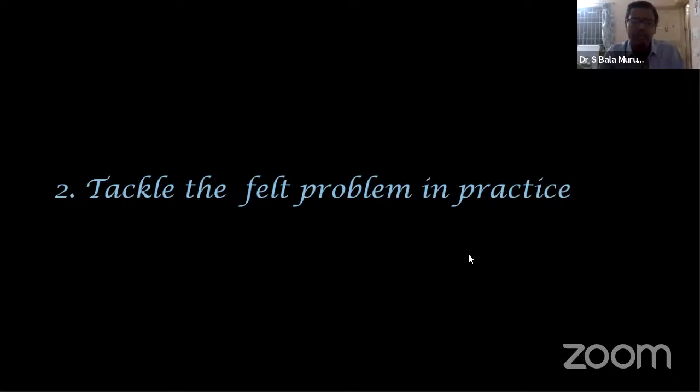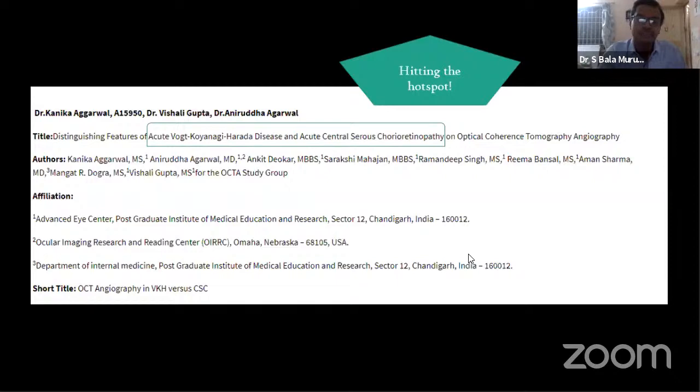The second thing which I learned from the review of the AIOS abstracts is that we tackle the felt problem in practice. So this was again how to distinguish acute VKH from acute CSCR using a novel imaging modality called OCTA. So this is actually hitting the hotspot.